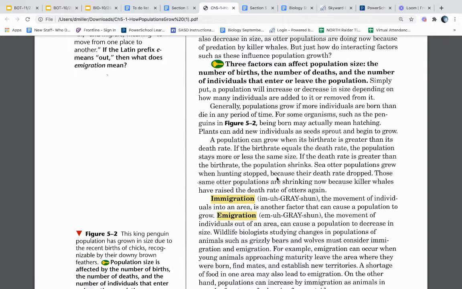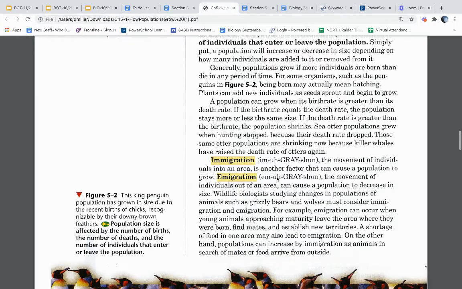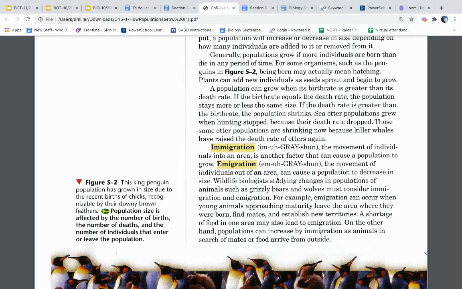Simply put, a population will increase or decrease in size depending on how many individuals are added to it or removed from it. Generally, populations grow if more individuals are born than die in any period of time. For some organisms, such as the penguins in Figure 5.2, being born may actually mean hatching.